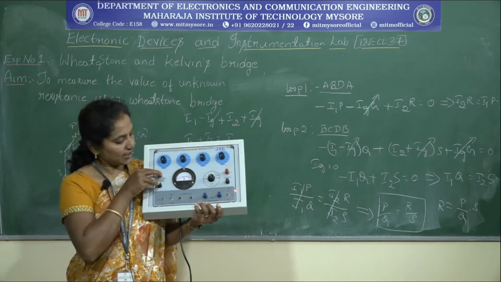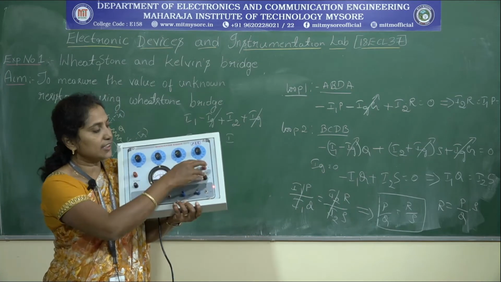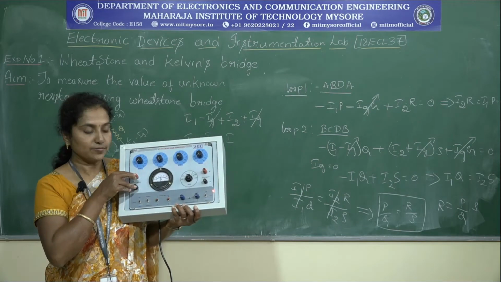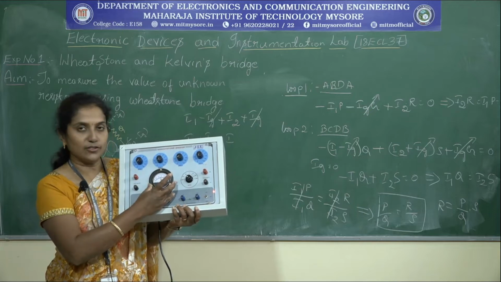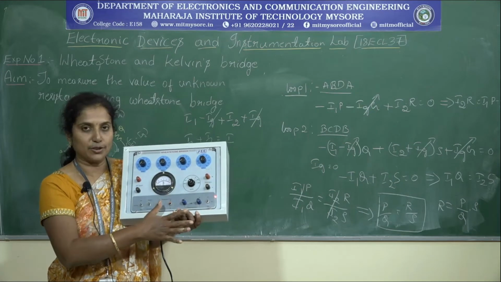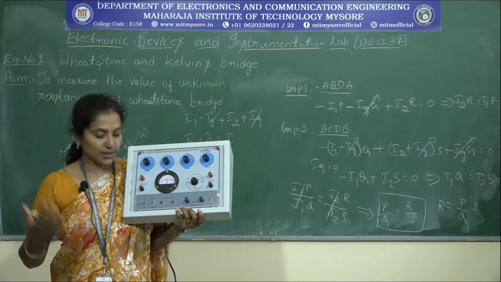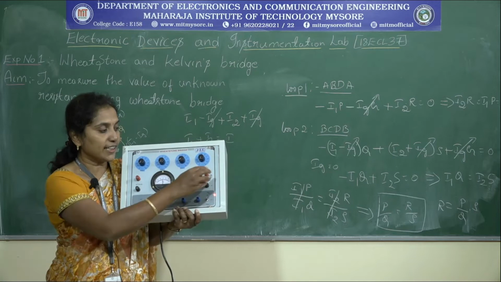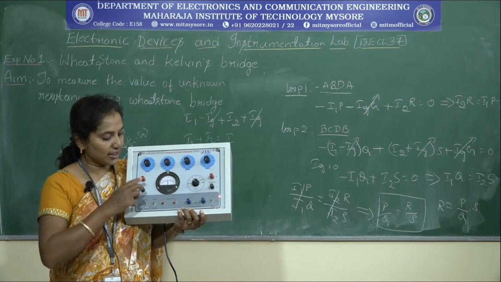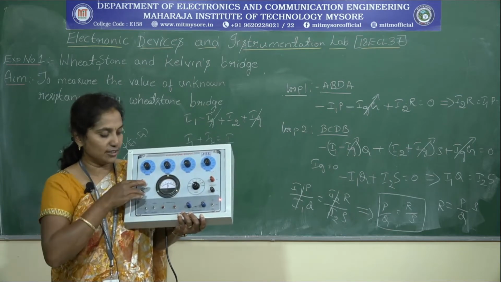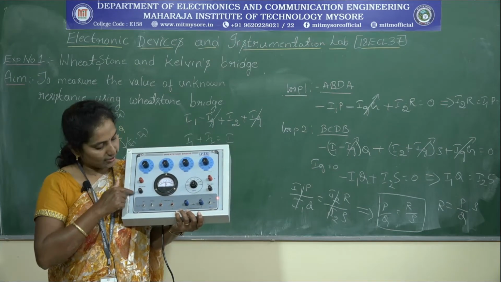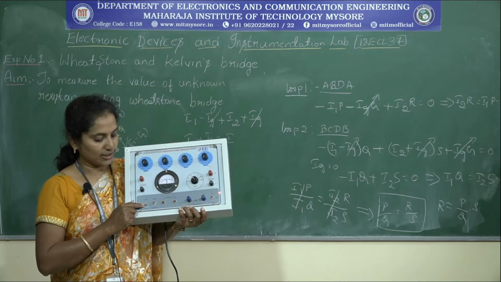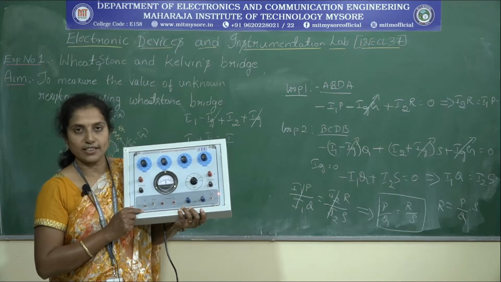Now this is the galvanometer and this is the battery connection. See here, we are having an internal galvanometer and an internal battery also. Suppose you want to connect an external galvanometer and external battery, then you can use these two terminals. Suppose you have connected an external galvanometer, you have to switch this position into external.